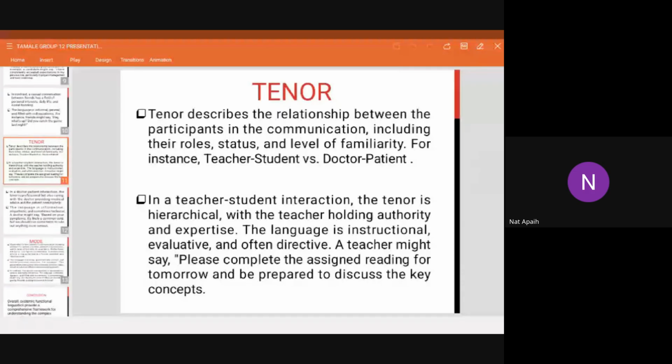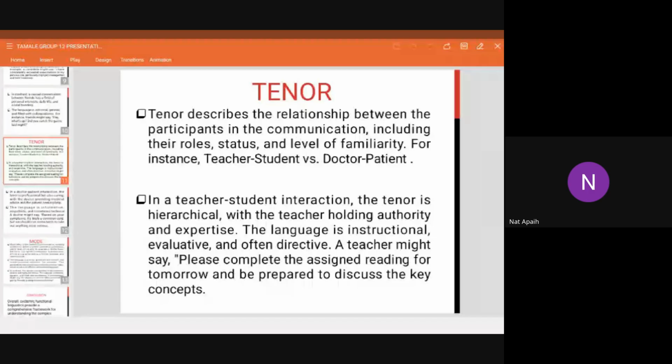In a teacher-student interaction, the tenor is hierarchical, with the teacher holding authority and expertise. In this case, the language is instructional, evaluative, and often directive. Teachers, we don't have casual conversations with students.